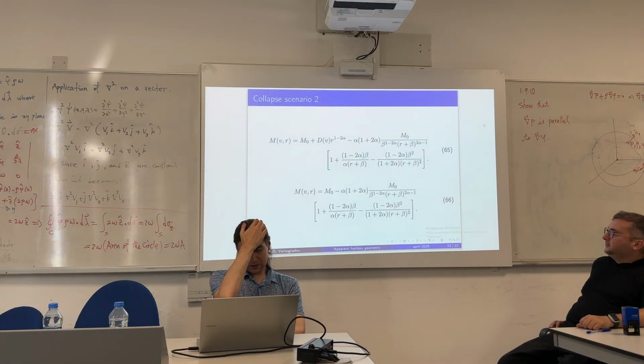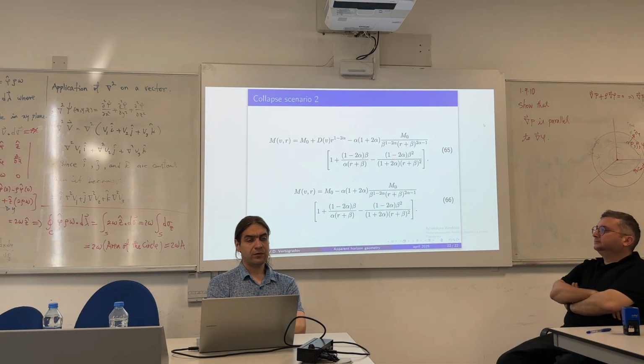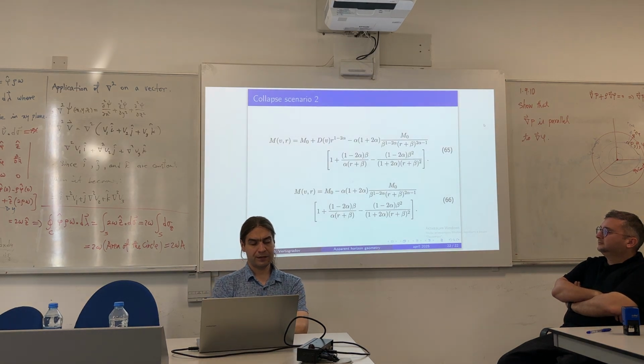And finally, there is some region near the center where the metric is described by the new matter, and it has a regular black hole. So again, we have three stages. The first stage, baryonic matter. Second stage, baryonic matter transforms to a new type of matter.